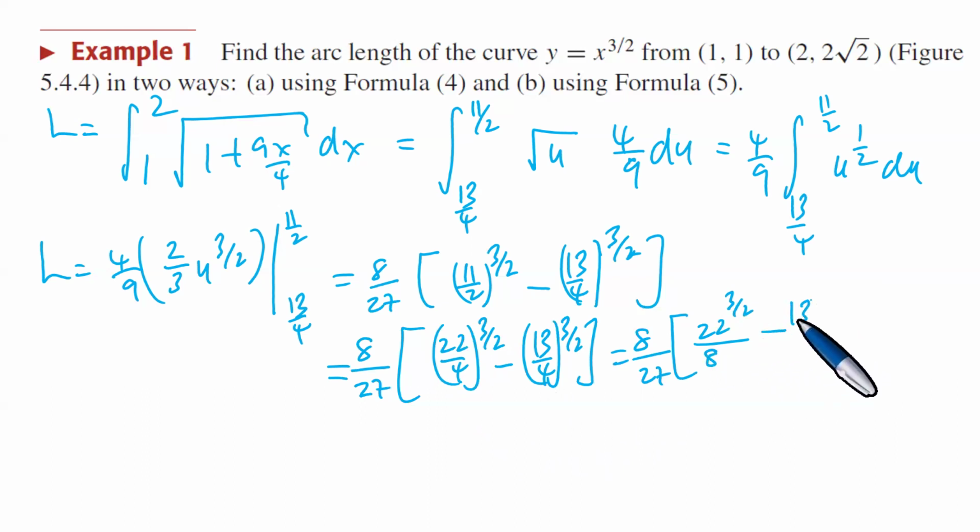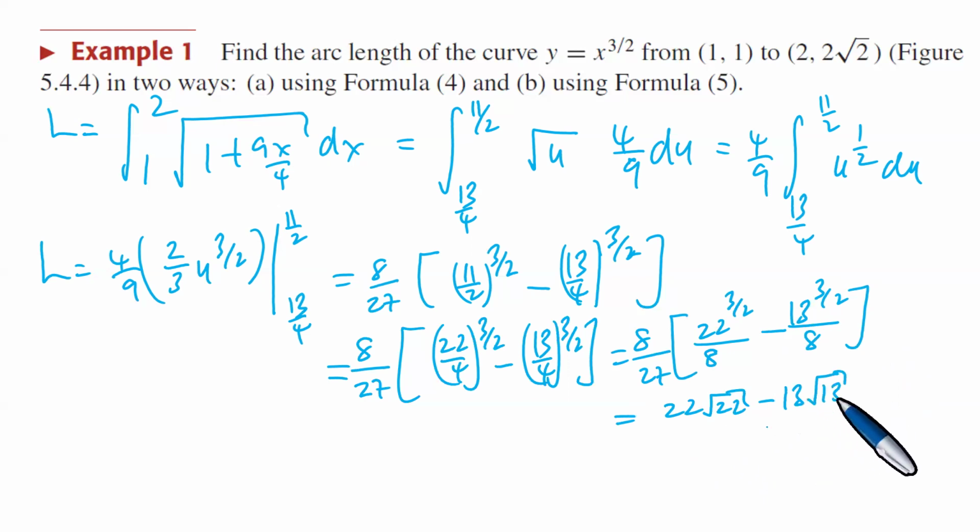Minus, even this one is 13 to the power 3 out of 2, and then it is out of 8. This cancels, and then you have the square root of 22, minus the square root of 13, you divide by 27, like so.